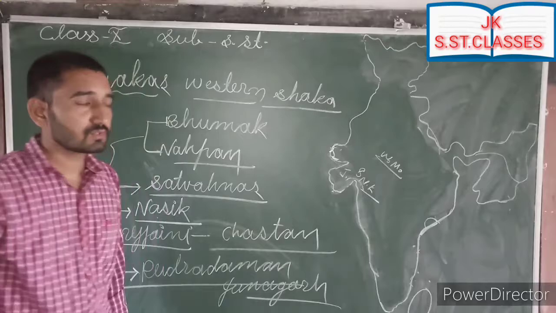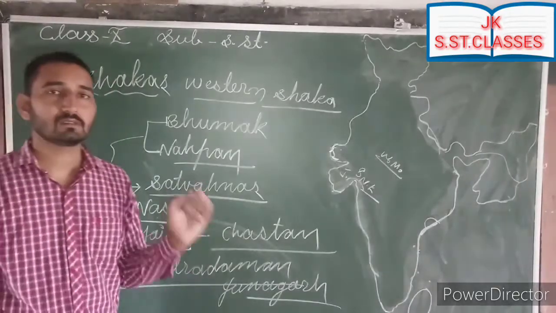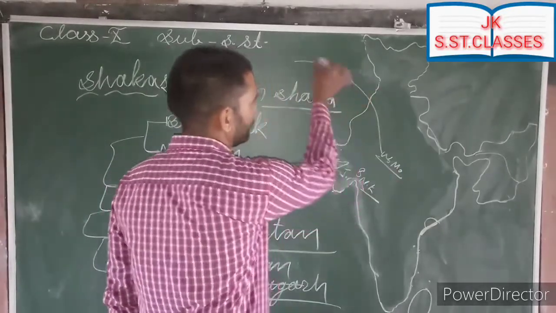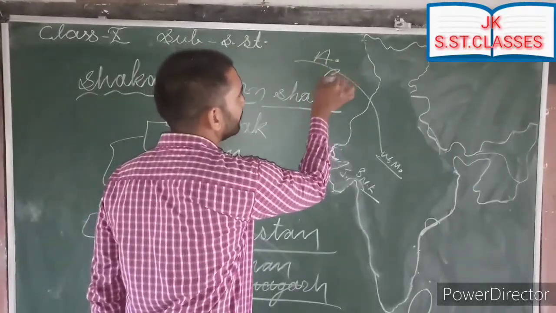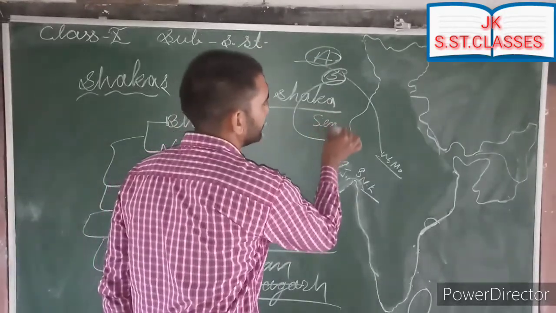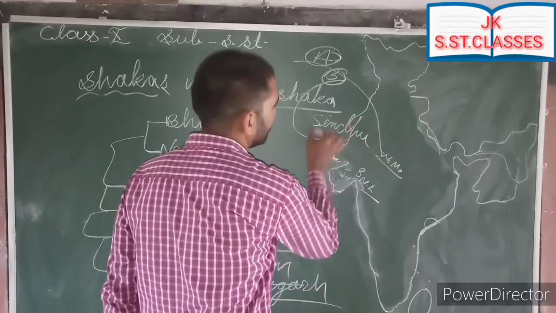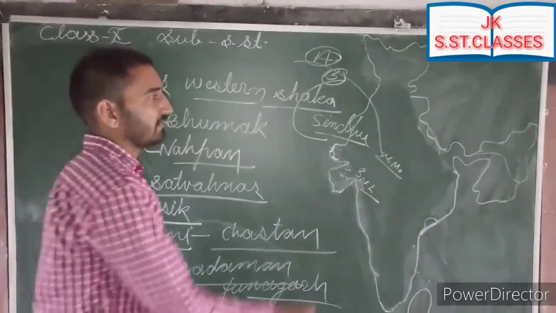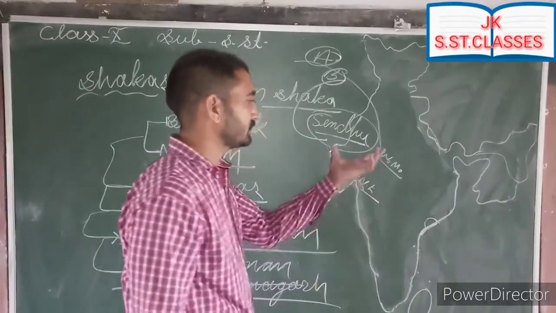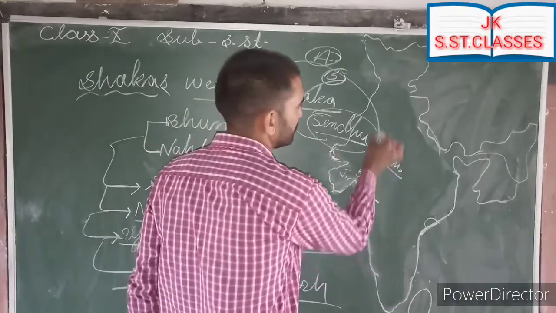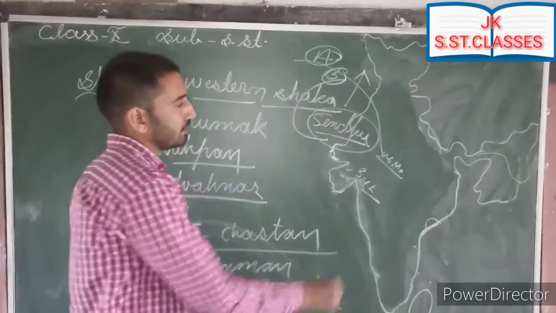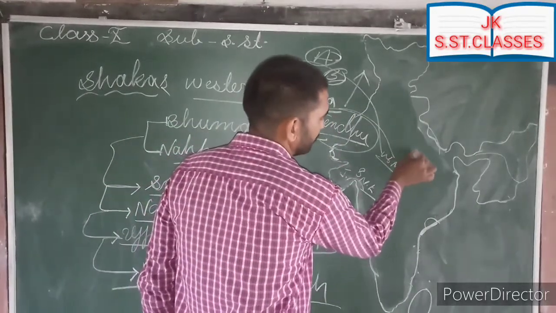Is that clear? So in this way, the Shakas were a barbaric tribe who entered India from the northwestern side. First of all, they occupied the region of Afghanistan and Balochistan. Then they established their control over the Sindh region. After establishing their domination here, they started their government from the Saurashtra region, and then one branch was established in the Uttarapatha, means in the Takshashila region, and another one in Mathura.